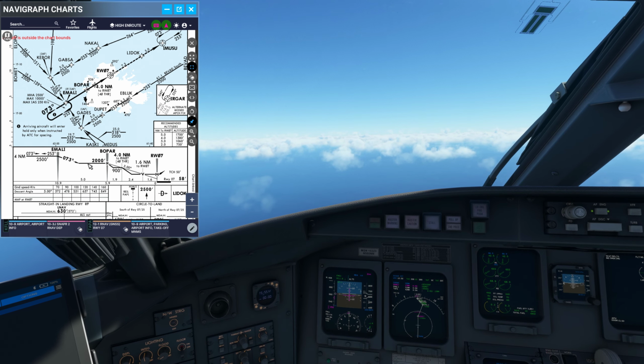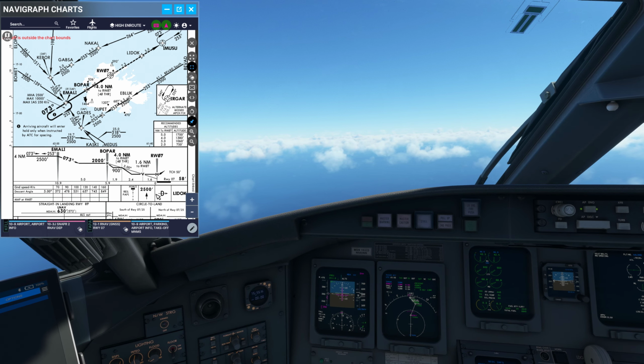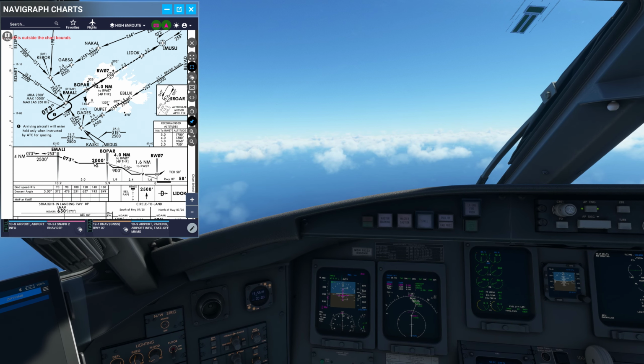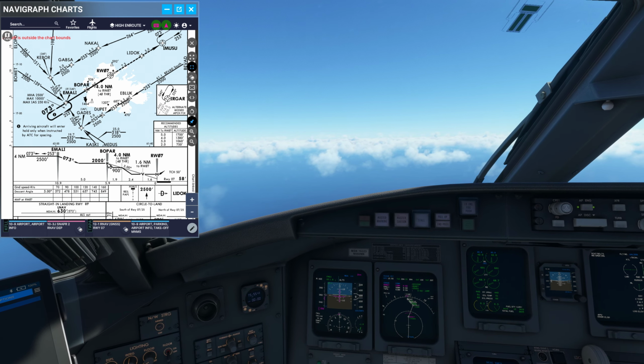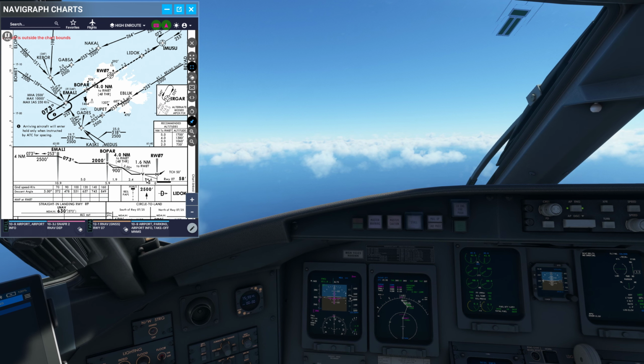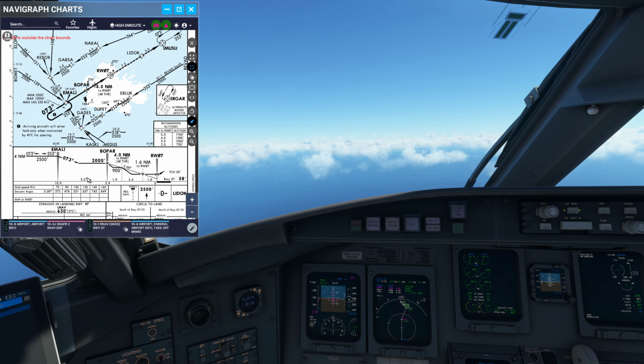Once we get down to 2000, I'm going to put the altitude pre-select back up to 2500 so that when we cross Beauport and start a vertical speed mode descent, it doesn't recapture at 2000 and just stop, right?